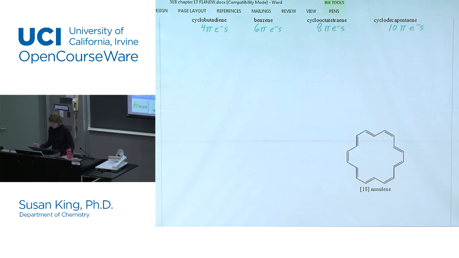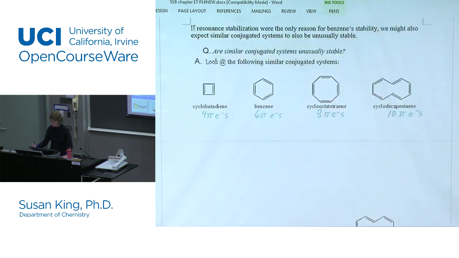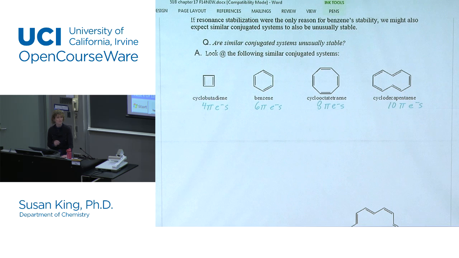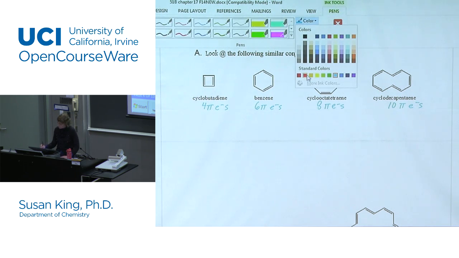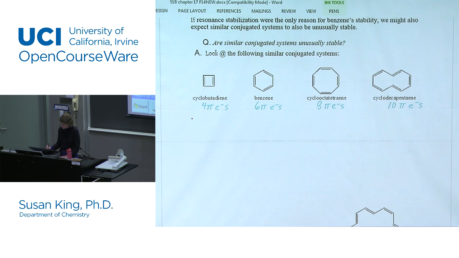And then we jump all the way down. Nothing happens in between 10 and 18 annulene, which has 18 pi electrons. All right, so here's our idea: the ring has something to do with this. Let's see if these other guys are especially stable. And we're going to quickly be frustrated here, because cyclobutadiene has never been isolated and purified.